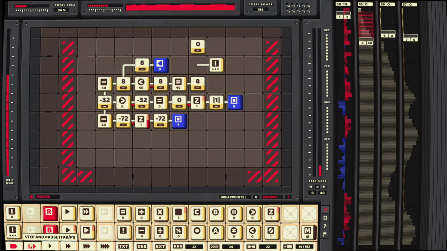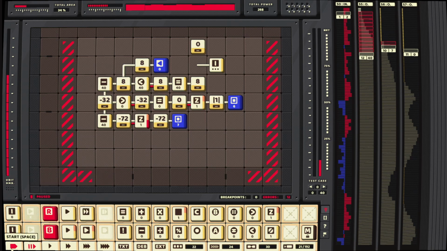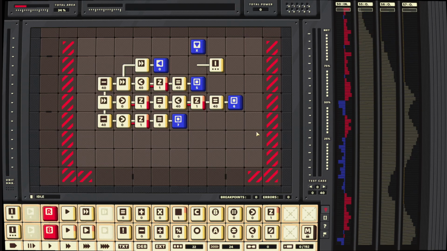So it's correctly, if we never got any inputs, tracking the state to be 8 and outputting that faithfully every time. So that's something.